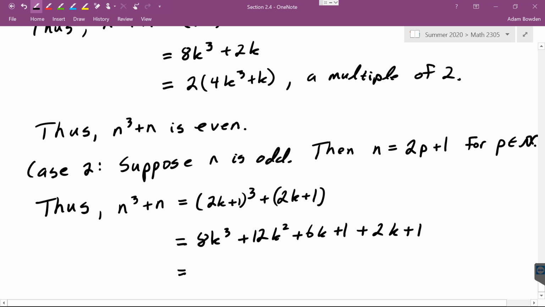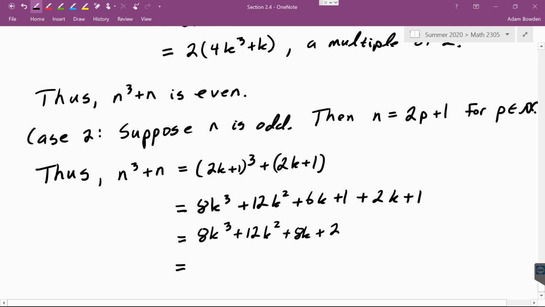And if we combine everything together, we'll get 8k cubed plus 12k squared plus 8k plus 2. And do we recognize all of this as a multiple of 2? Indeed, everything is divisible by 2. We can rewrite that with a 2 in front to make that clear. And so, yes, indeed, we have this statement, which is a multiple of 2.